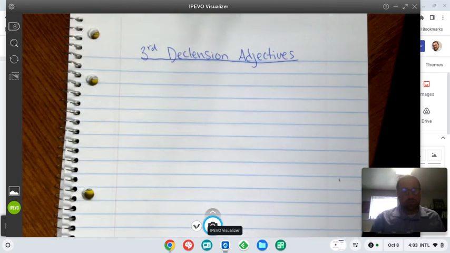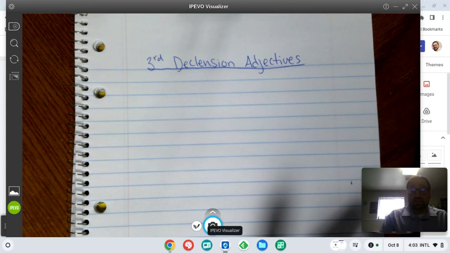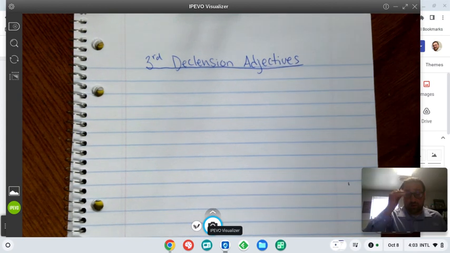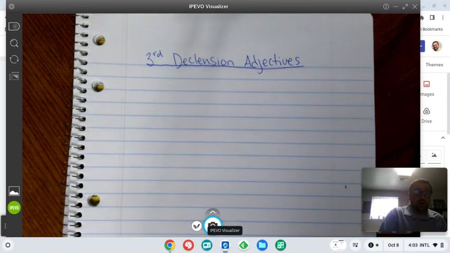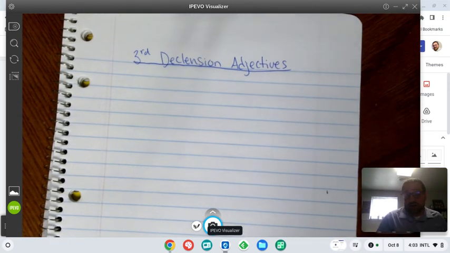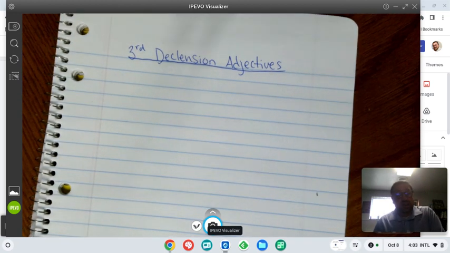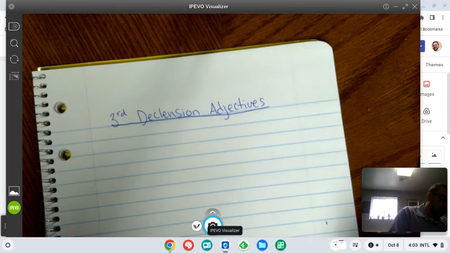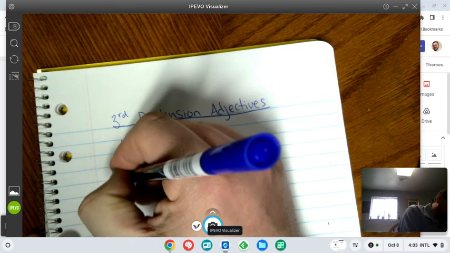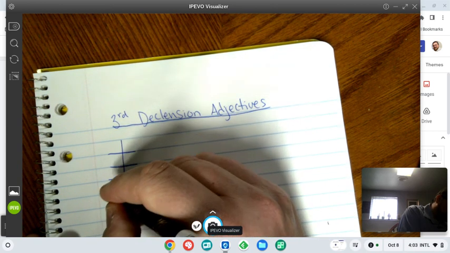And so first, just a quick little review of the third declension itself, the third declension endings from when we did third declension nouns, but then also a little review of first and second declension adjectives, because some of those rules you learned about adjectives in the first and second declension are still going to apply in the third declension. So first, just a quick little review of the third declension endings for the nouns.